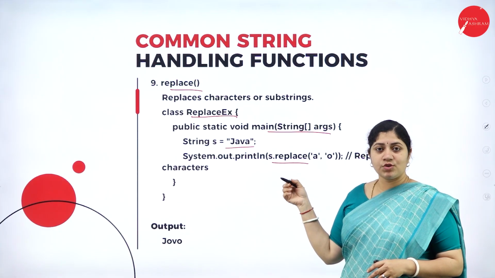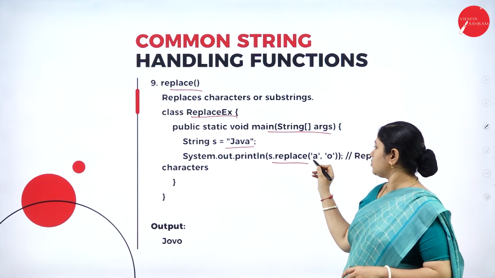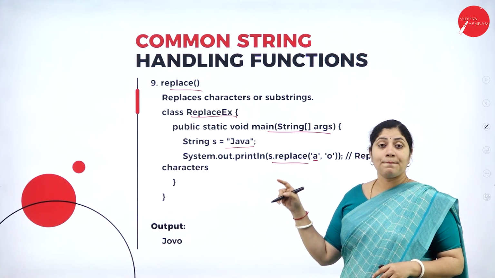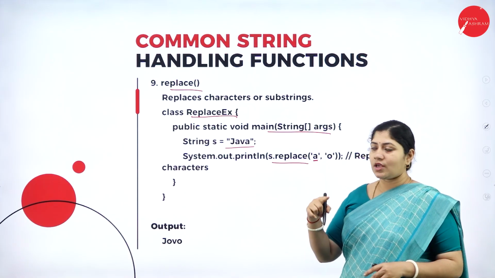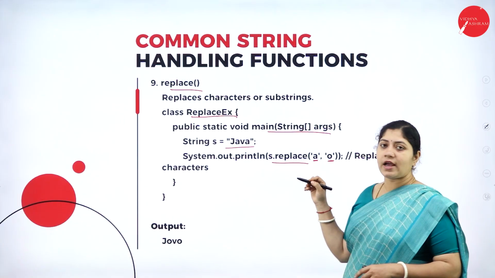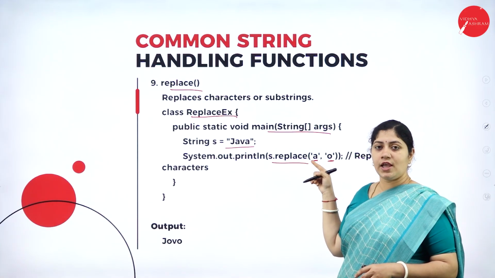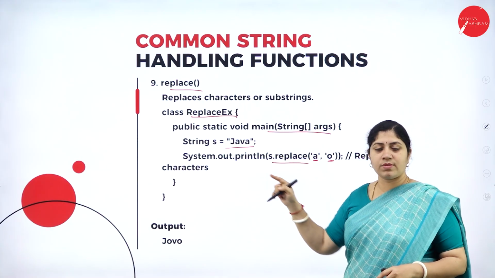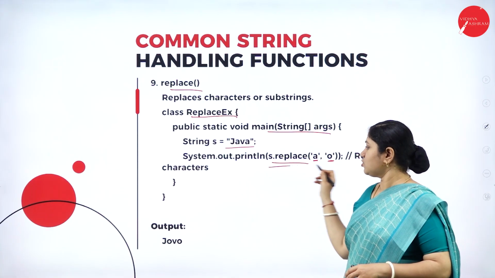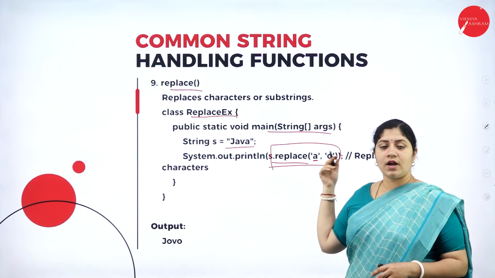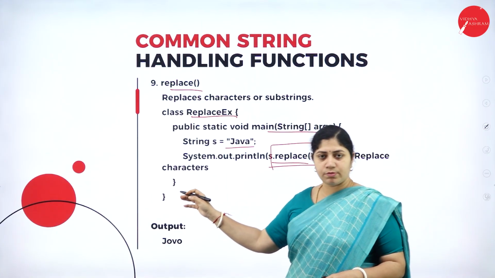Which letter has to be replaced? It has to be written first. So the letter a has to be replaced by which letter? Yes, it has to be replaced by o. So here this statement says the letter a in the string has to be replaced by the letter o. Correct, right? It's so simple. So this is what we are defining. Thus, let's complete the program.